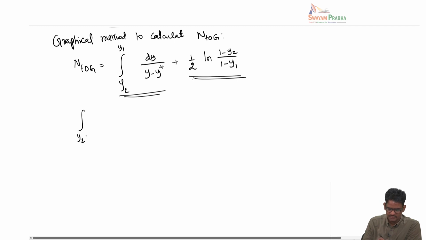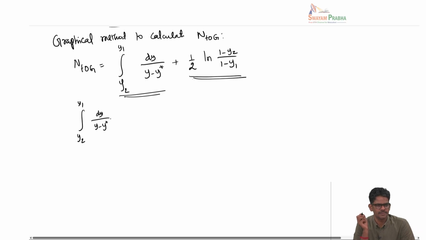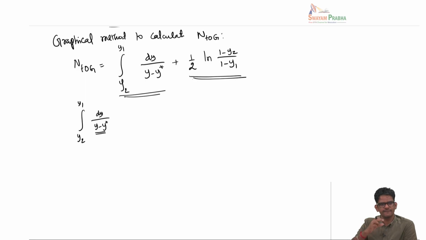Y2 to Y1, this. This expression is something that might change across the column. This Y minus Y star is the driving force available for the gas phase mass transfer, and that may vary across the column. Let's say that I define a kind of average across the column. Let's say I define an average driving force using log mean difference.